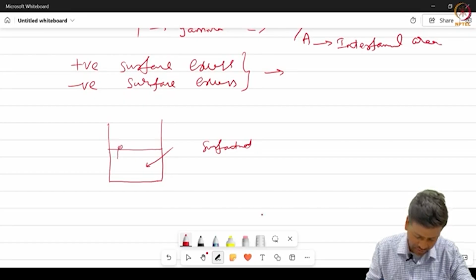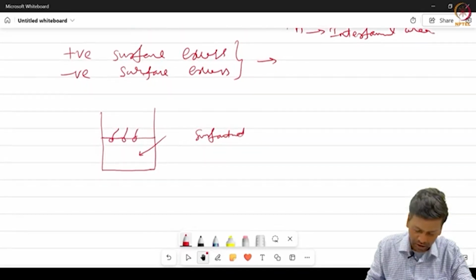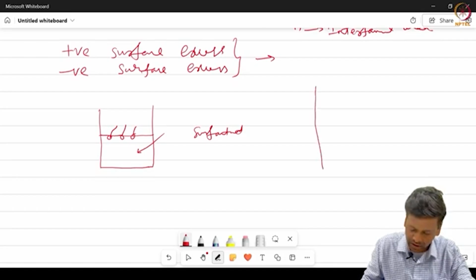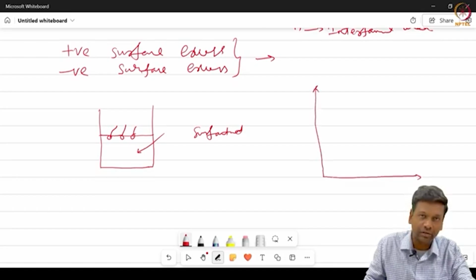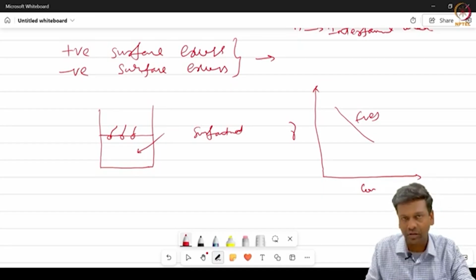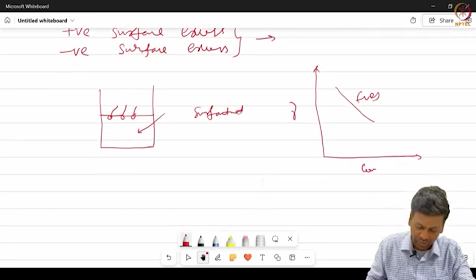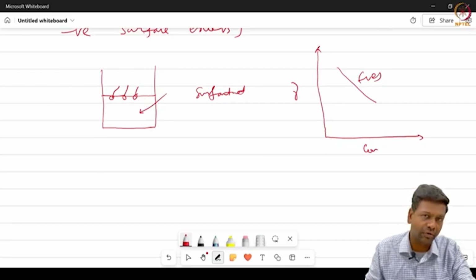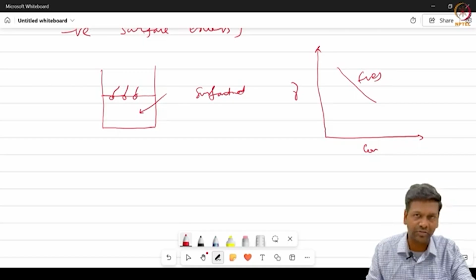If I measure some interfacial property, say surface tension, as a function of concentration, you will get a negative slope, because surface tension decreases as the surfactant goes to and adsorbs at the interface.